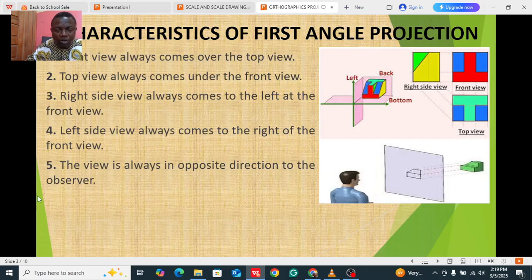That is, what you are seeing on your right, you take it to the left of the front view. What you are seeing on the left, you take it to the right of the front view. And then the view itself is always in the opposite direction to the observer. These are the characteristics of first angle projection, and it is explained with these arrangements.